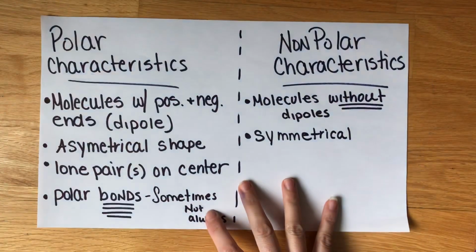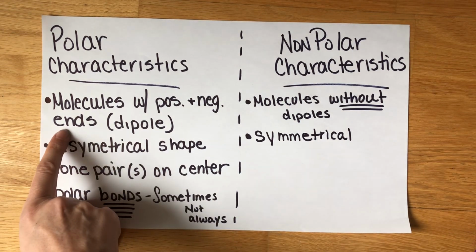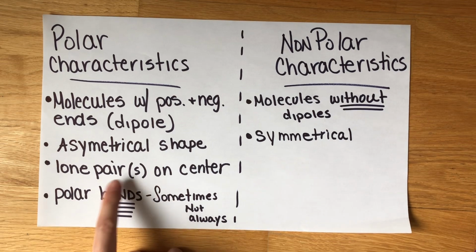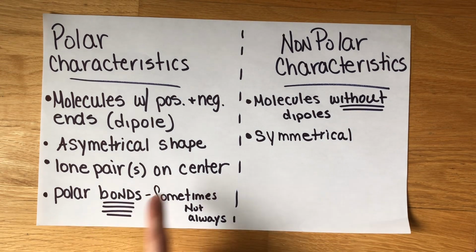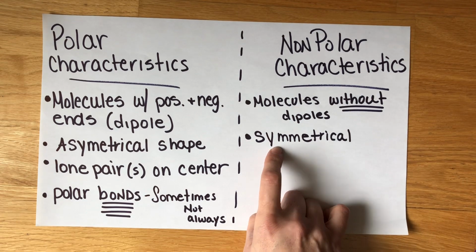Okay, here are some good summary points: polar characteristics versus non-polar characteristics. Take a second and look at those. Polar molecules have positive and negative ends, an asymmetrical shape, lone pairs on the center, and sometimes the bonds are polar. Nonpolar molecules have no dipoles, and they're symmetrical.